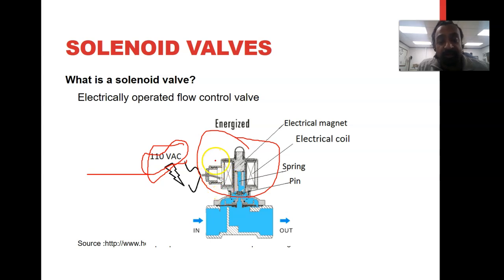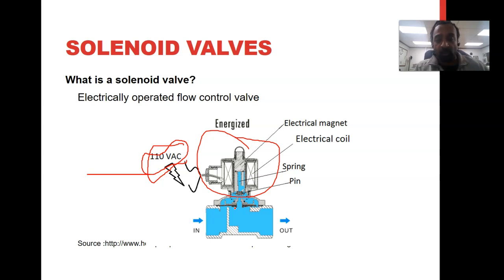But for solenoid valves, it's only activated or deactivated. When it's activated, the magnet is engaged and it will pull the pin up, and that will allow the valve to open. You'll see that in oil burners to allow the oil to go through the pump, and it's also in the gas vacuum. When you turn on your gas heater or gas burner, there's a solenoid that will open the airflow, and you can hear it.